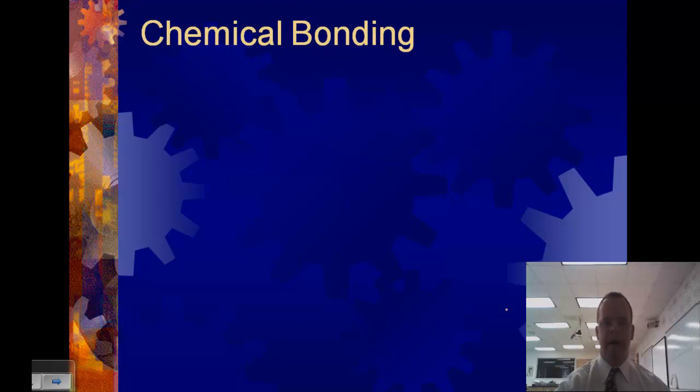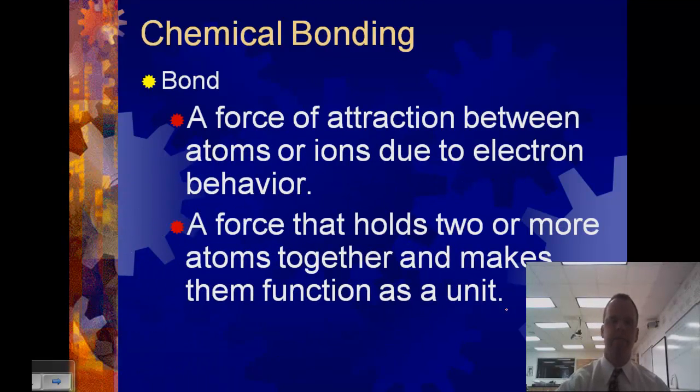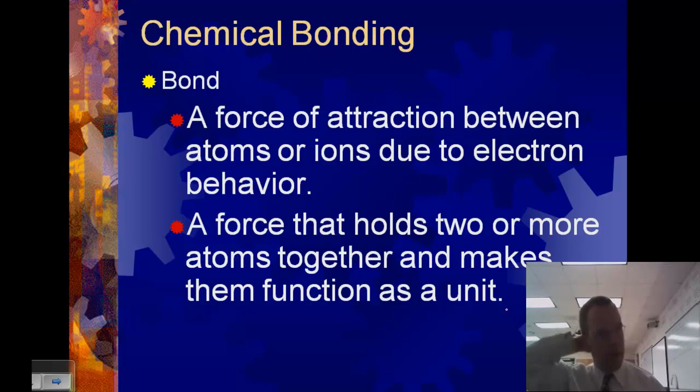Chemical bonding is the term that we have for the force of attraction between atoms or ions due to the behavior of the electrons. Ions are attracted by the positive and negative charges of the ion. Those positive and negative charges occur when electrons are transferred between one atom and another.